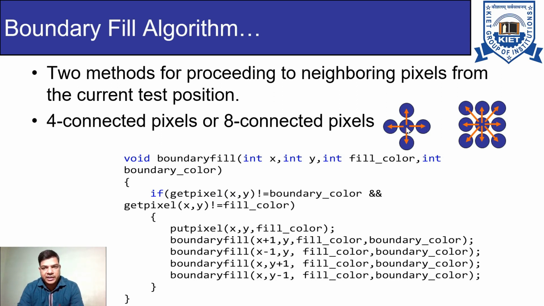So here you can see that this point is having the coordinate x plus 1, y. This point is having the coordinate x minus 1, y. This point is having the coordinate x, y plus 1, and this is having x, y minus 1. So in this way we can apply the boundary fill algorithm.